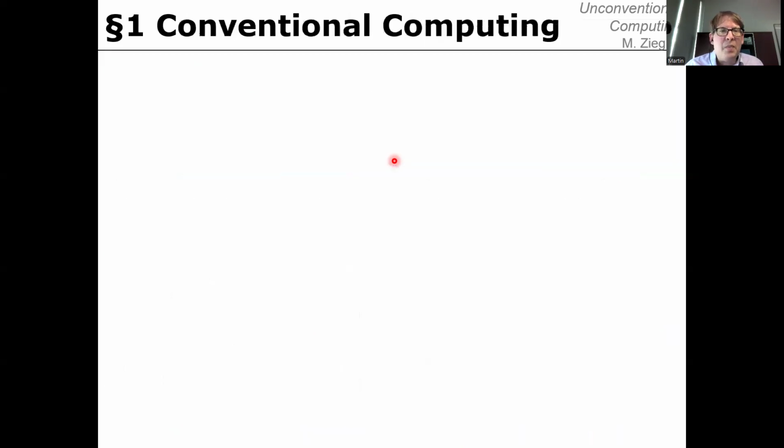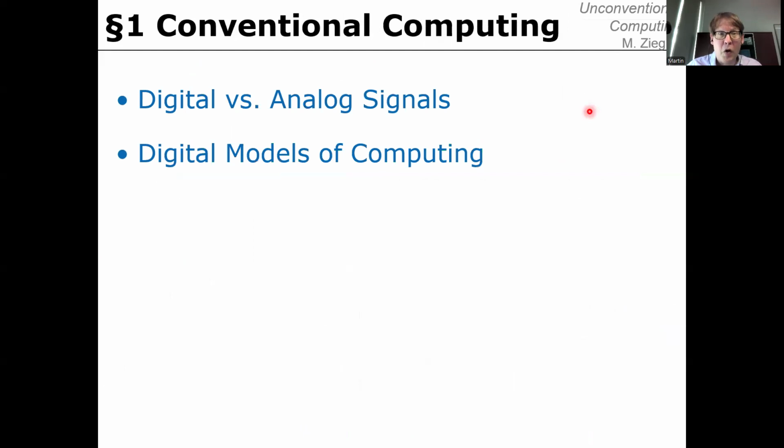To wrap things up, we talked about digital versus analog signals. We talked about digital models of computing. We talked about examples, and we discussed these examples, including your PC. Is it a Turing machine or is it a finite state machine?